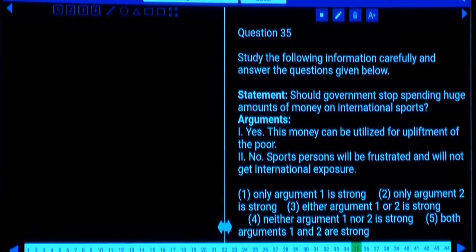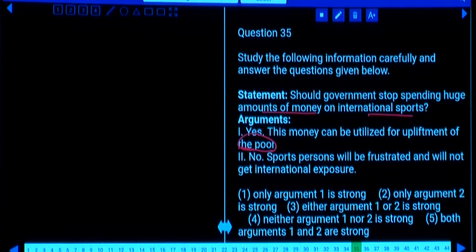Then question number 35. Should government stop spending huge amounts of money on international sports? Whether there is a necessity to stop spending a huge amount of money. Yes, government should stop, because this money can be utilized for upliftment of the poor. Now here we should discuss why the government should or should not spend. Rather than talking about this, we are talking about upliftment of the poor.